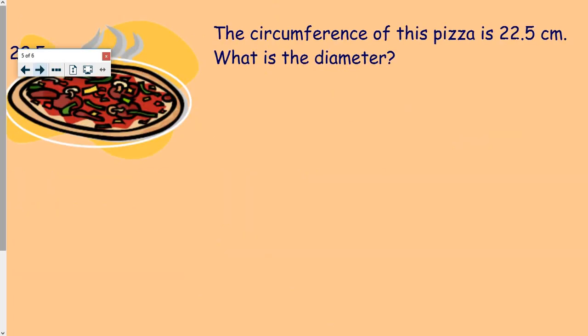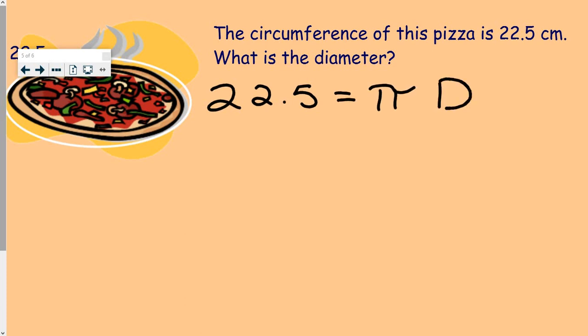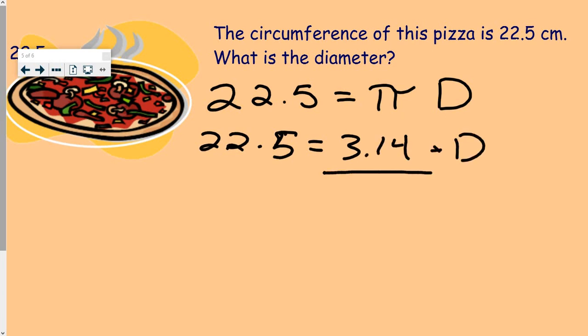There's your answer. So the circumference of this pizza is 22.5. So 22.5 equals pi d, and we don't know how to get d. We know that 22.5 equals 3.14 times d.